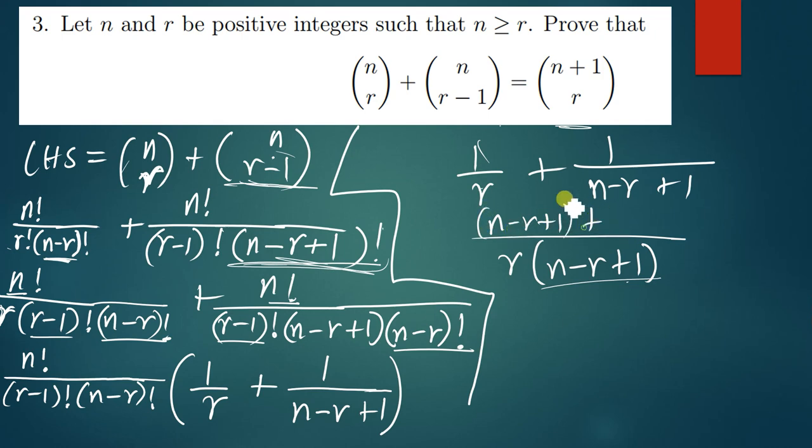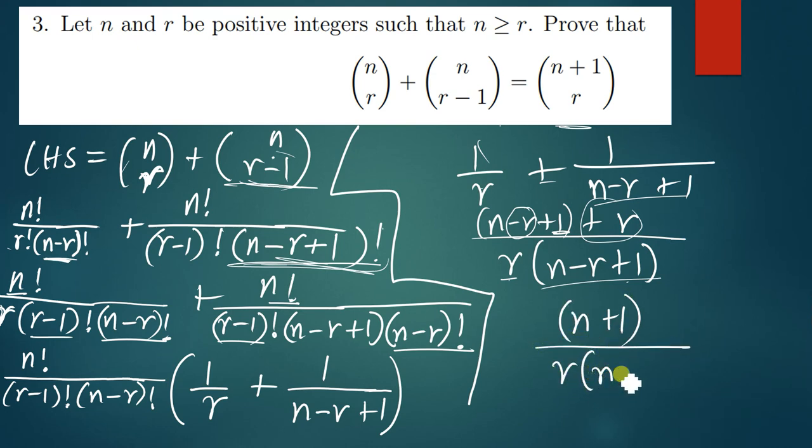And then we say this plus there, we write it there. Then this into that is r, so r times 1, we have r. So negative r plus r there will give us 0. So on top there will just remain with n and positive 1. So n plus 1, that's what we're going to remain with. And then the denominator will be r, then n minus r plus 1. This is what we have.